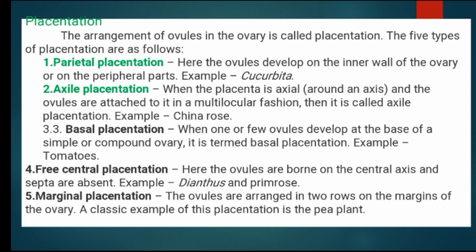Now the next is marginal placentation. In this placentation, the ovules are arranged in two rows on the margins of the ovary. The best example is the pea plant.